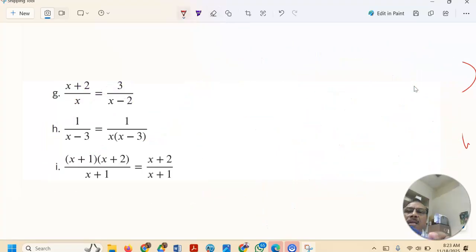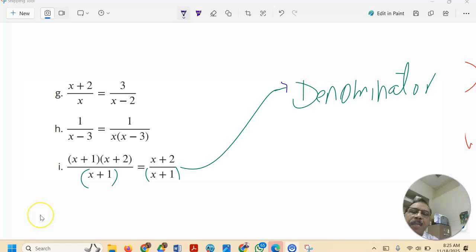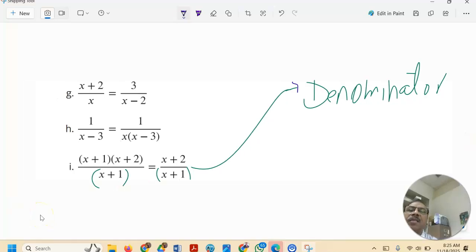Erase all. And you can see here, that's already done for us. See? So the denominator here, the last piece, you can't have, see, x plus 1 is the denominator.